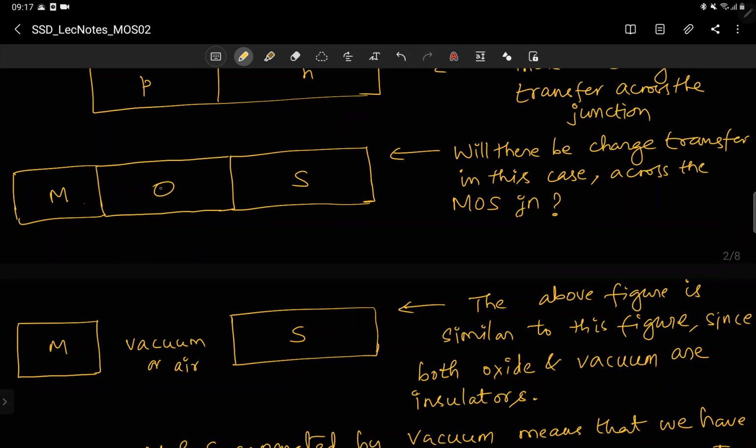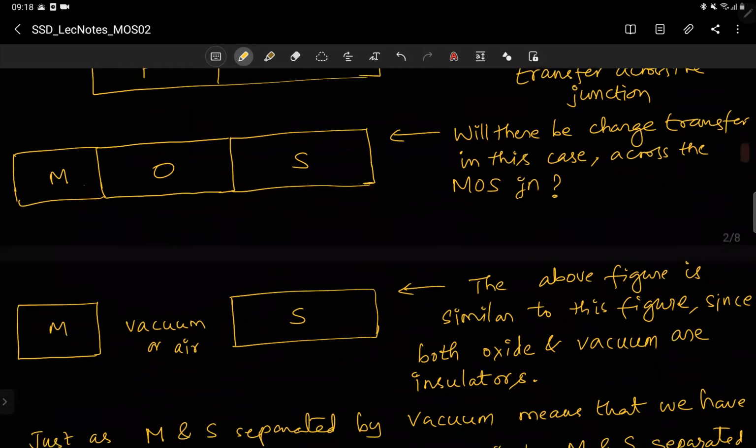That is fine, because the oxide, an insulator, also has some conduction band, but very high above, so very close to E0, the vacuum level. So you may not need as much energy as you require to take an electron out of metal into vacuum or air. But how will that energy also come? It is not possible. So simply, you cannot have charge transfer just because you have MOS.